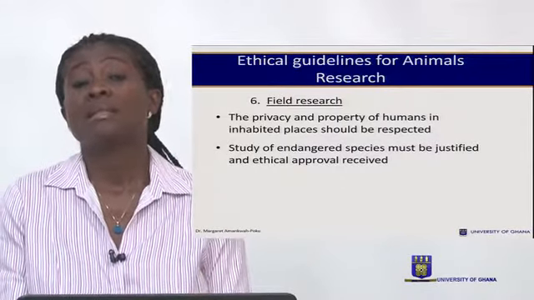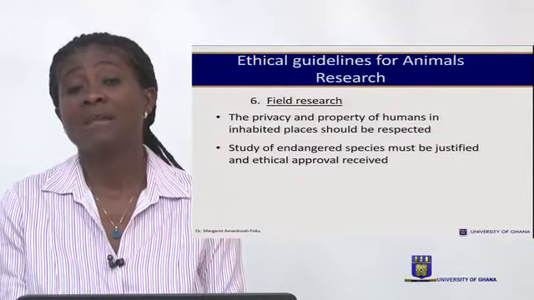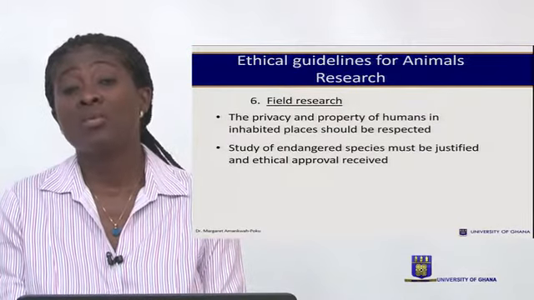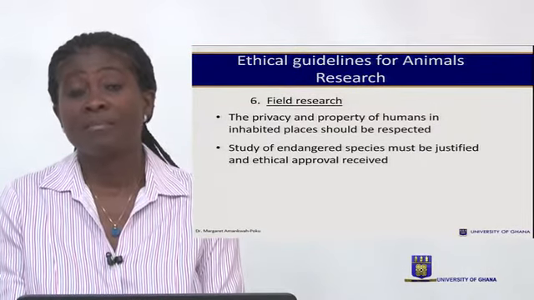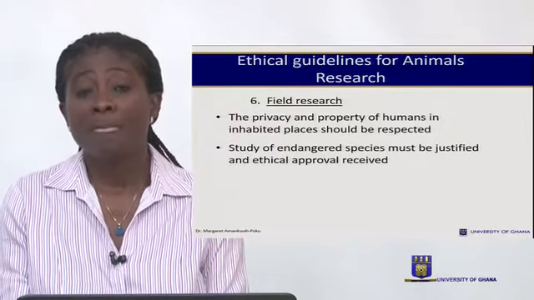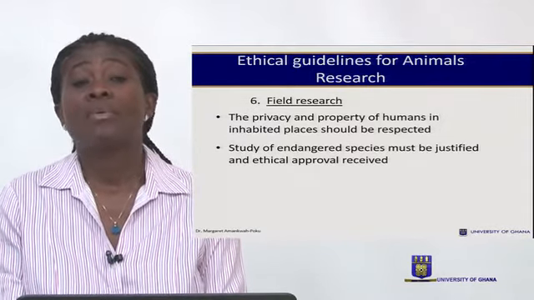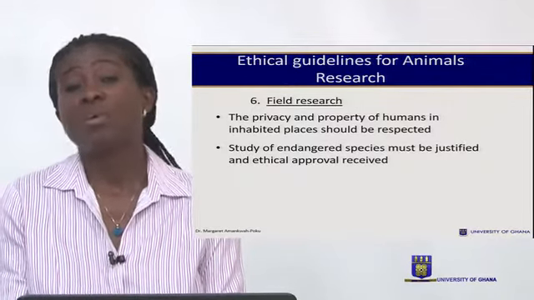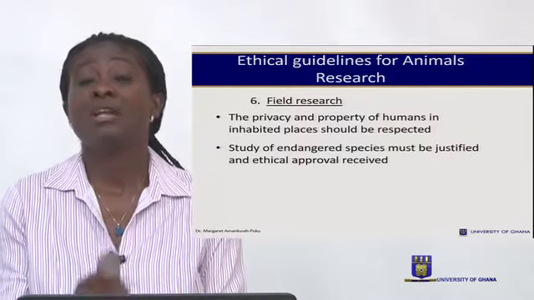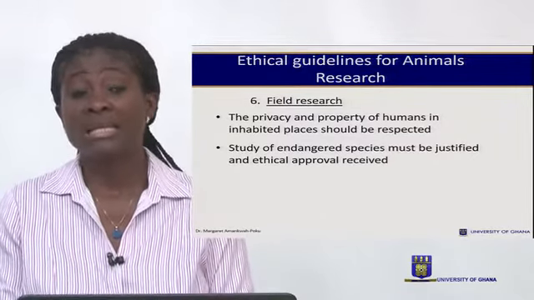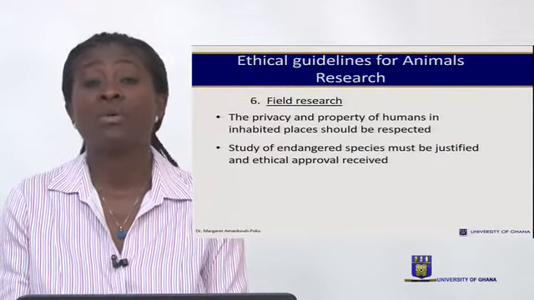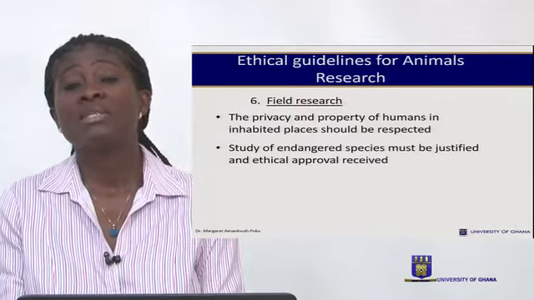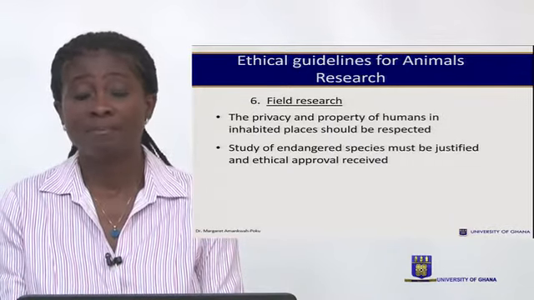So you protect the whole population of animals that you are studying, as well as protect humans who may live around the area where you are conducting your study. And the study should ensure that if you are using an endangered species, you are able to specify why you have to study endangered species, and you should obtain ethics approval to study these endangered species, because remember, these endangered species are species that are being extinct.